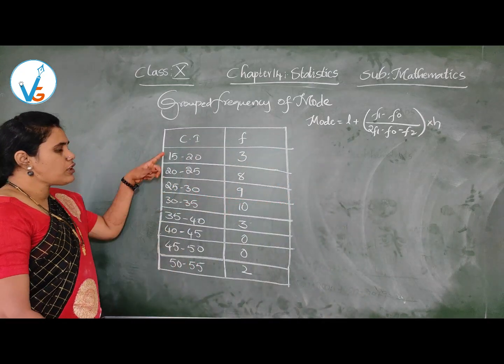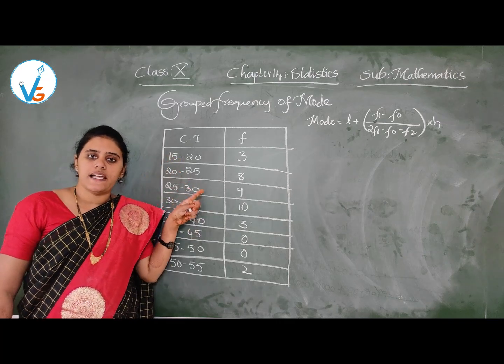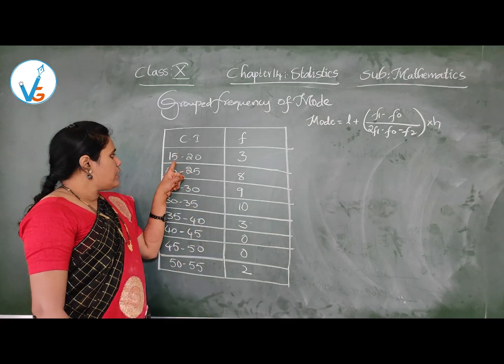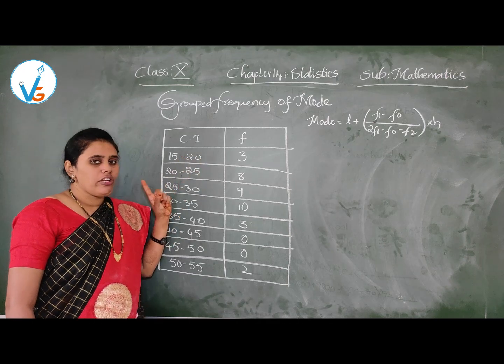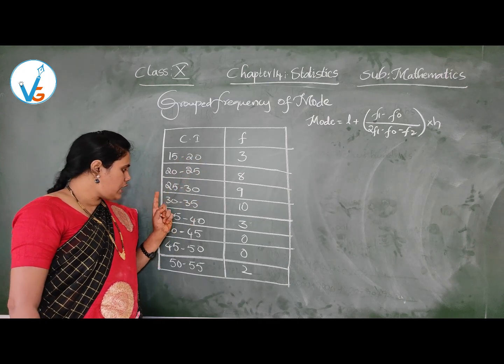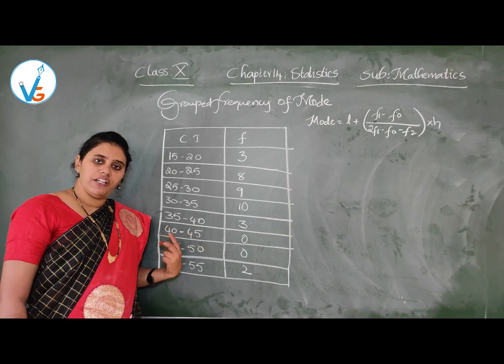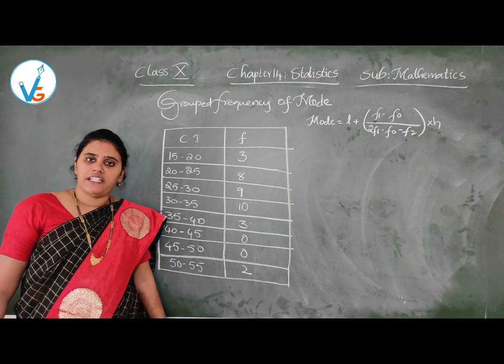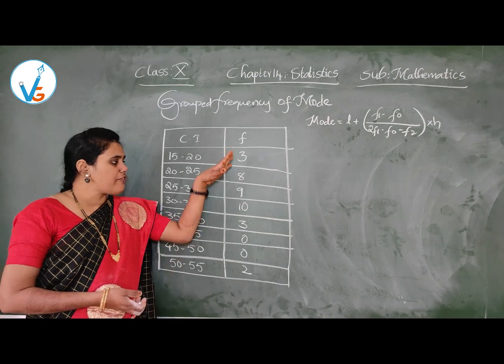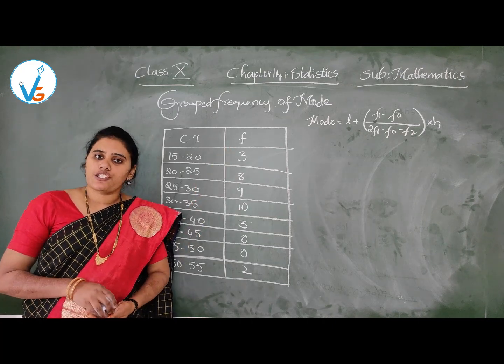So here is the fourth problem from your textbook, exercise 14.2. Here it is given 15 to 20, 20 to 25, 25 to 30, 30 to 35, 35 to 40, 40 to 45, 45 to 50, 50 to 55. The class intervals are given over here and the frequencies are also given in your textbook itself.